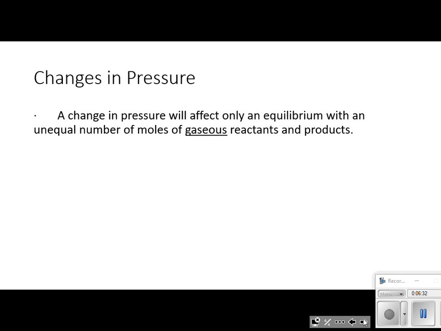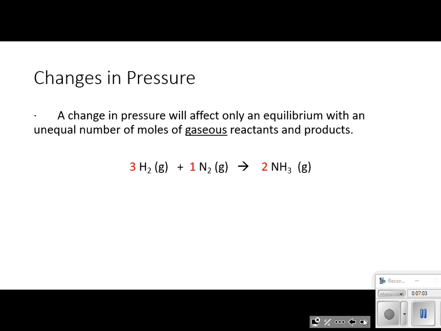With pressure, a change in pressure will only affect the equilibrium on unequal numbers of moles of gaseous reactants and products. So, number one, everything has to be gases for pressure to affect it. All right? Number two, there has to be an unequal number of moles.